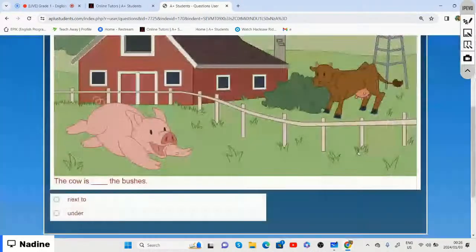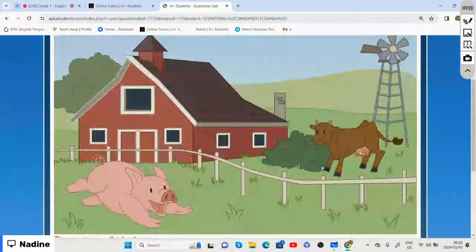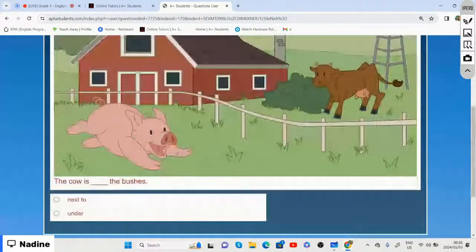We need to say where the cow is to the bushes. So here we have the bushes. Is the cow next to the bushes or is the cow under the bushes?